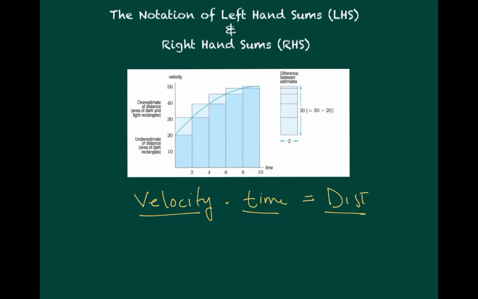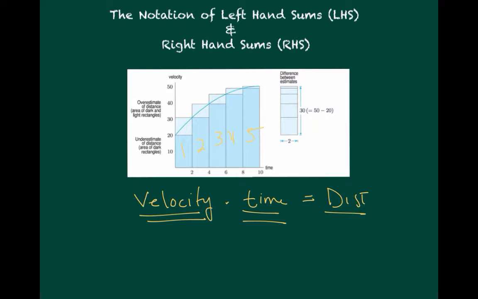So it became clear that if we calculated the area of each of these 5 rectangles and added them together, we would have an estimate of the distance, because each area is velocity times time. So that gave us really 2 means of estimating the area.